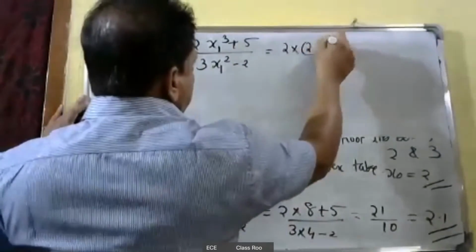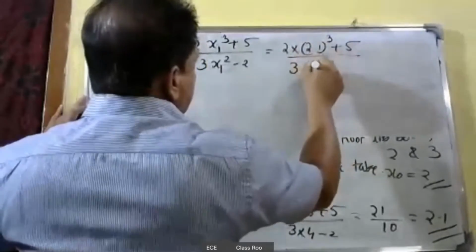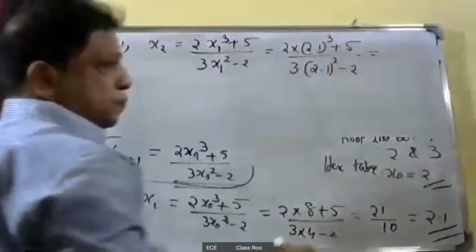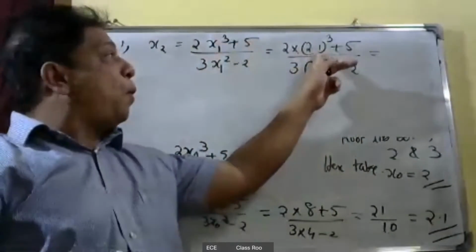2 into 2.1 whole cube plus 5 divided by 3 into 2.1 the whole square minus 2. We substitute the value of x1 is equal to 2.1.